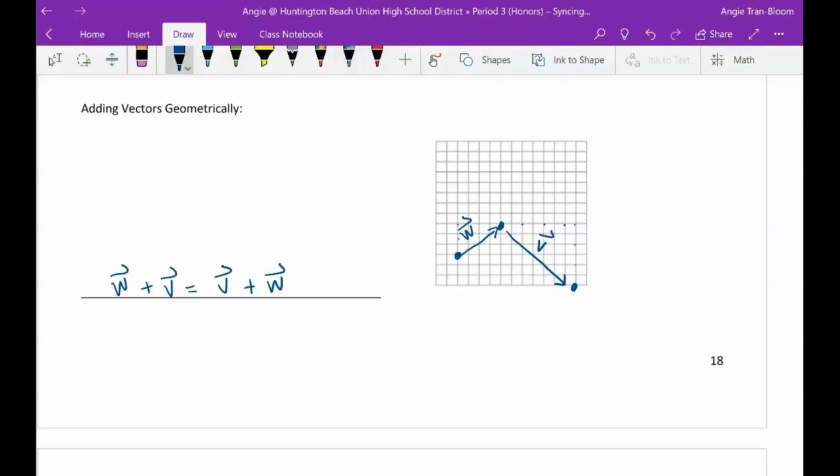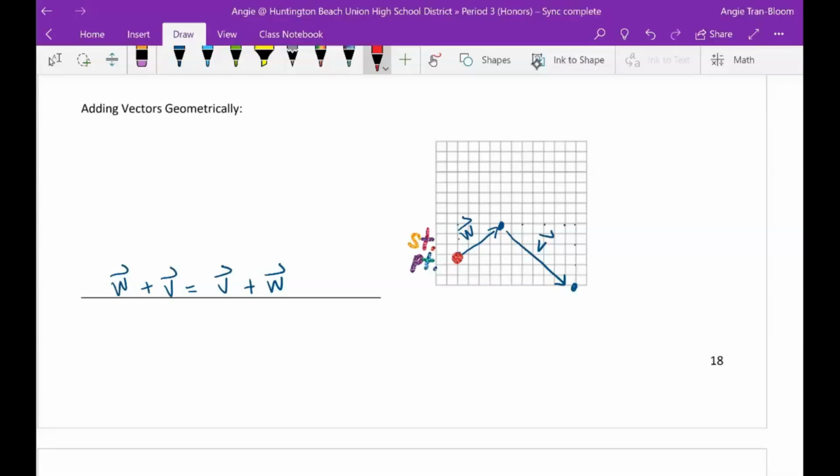Adding vectors. This is the part that some students get wrong. This is our starting location, starting point. So when you add vectors, you continue to draw them. You are continuously drawing them.